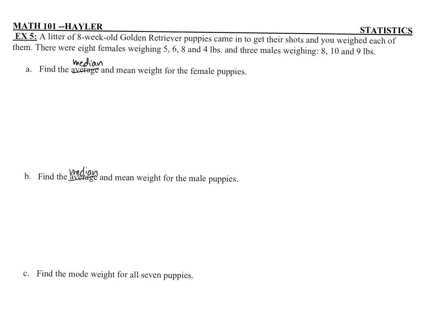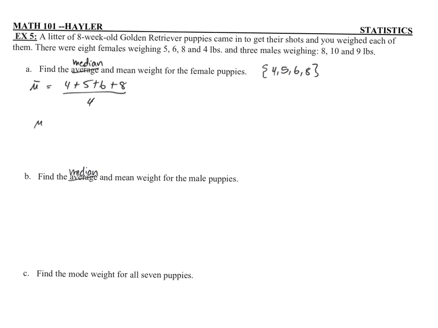Well, for the female puppies, let me put these weights in order. We have 4, 5, 6, and 8. For the mean, we're going to treat this as the population, because we're looking specifically at these puppies, not all puppies in the world. So let's add all these up and divide by 4, since we have 4 puppies.